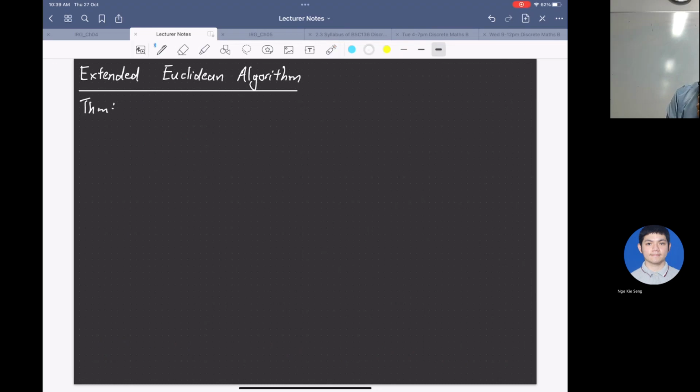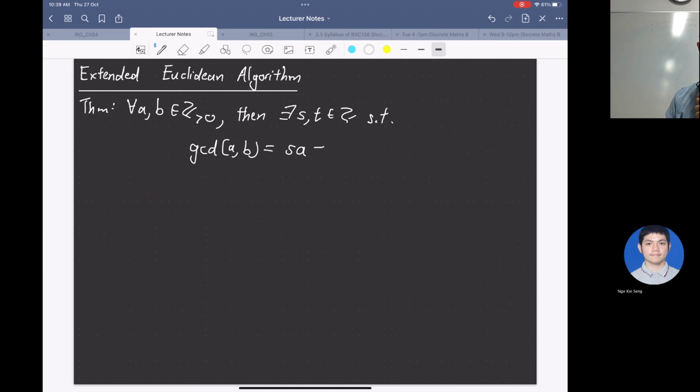The theorem is: if A and B are positive integers, then there are integers S and T such that the GCD of A and B can be written as a sum of multiples, SA plus TB. Okay, so how to do it? It's actually the backward of the Euclidean algorithm.